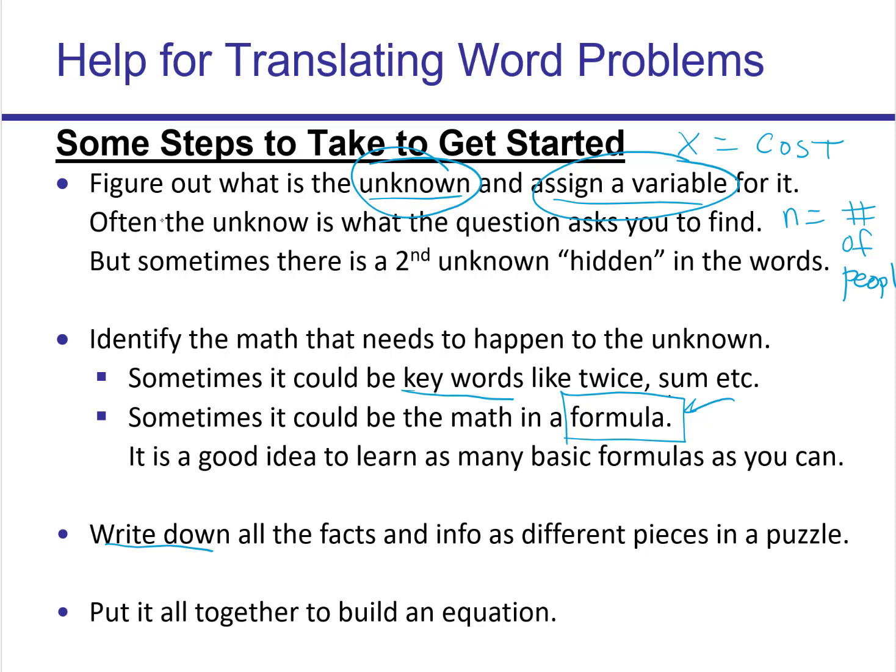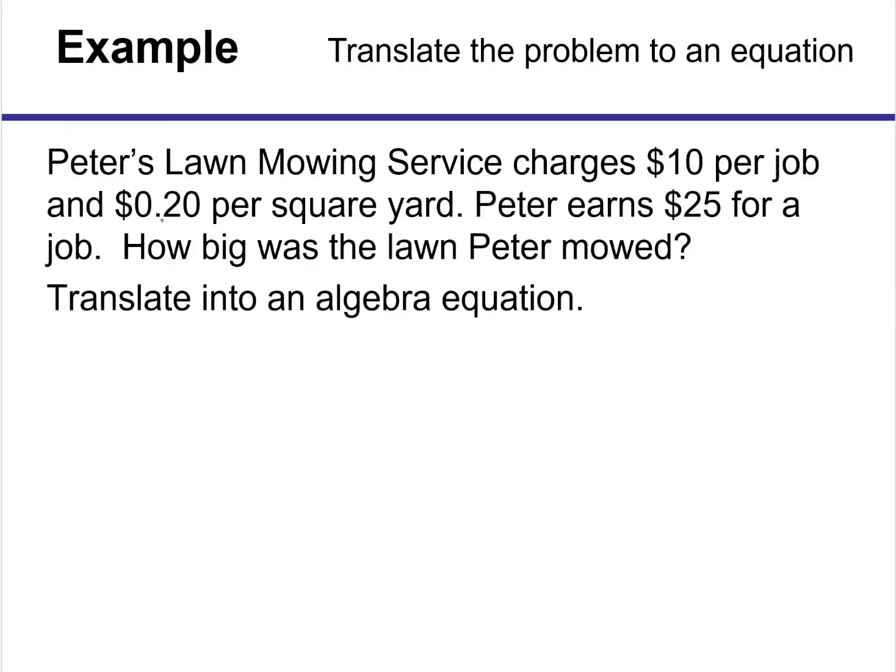And so I think we'll beef that up a little bit. But I'm going to start at the beginning and look for the unknown and assign a variable. Okay, now sometimes the unknown is not obvious. Sometimes there's a hidden unknown. So in order to get the main unknown, you have to solve for a secondary unknown that's kind of hidden in the words. This one doesn't really have that so much.